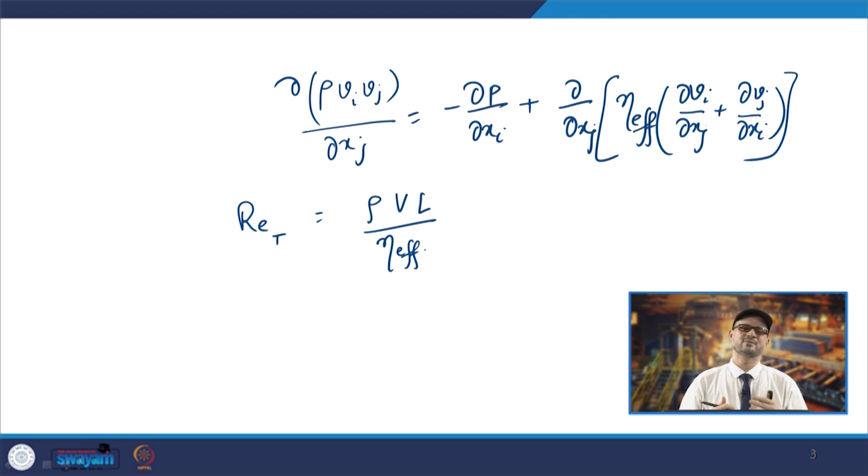And apart from that, there are many researchers who have worked on this, and they have found that the similarity in the value of the turbulent Reynolds number should also be maintained.